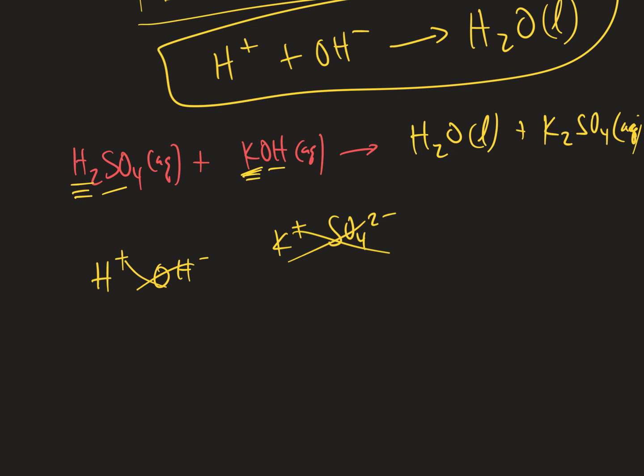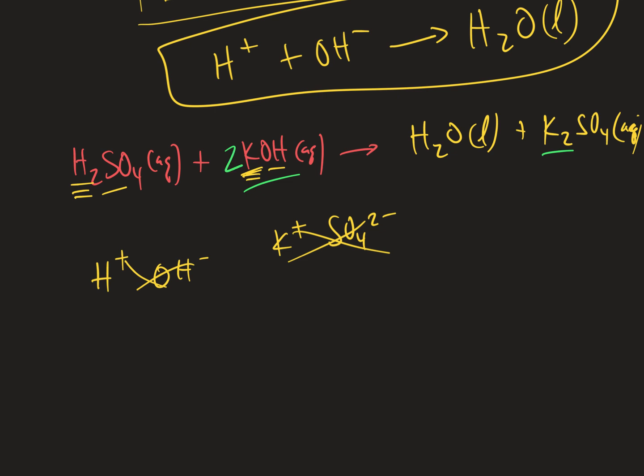Where's a good place to start? Well, you have 3 hydrogens on the reactant side and only 2 hydrogens on your product side. So let's not start there. Let's start with potassium. We have 2 on the right and 1 on the left. So what do we put in front of potassium?